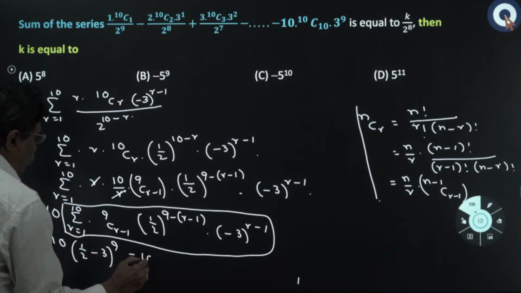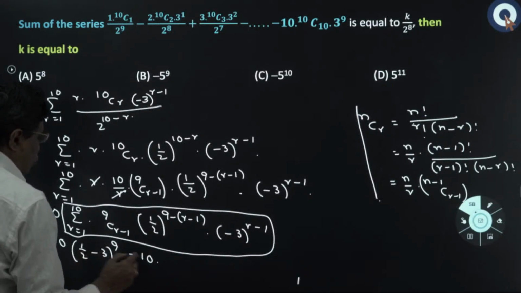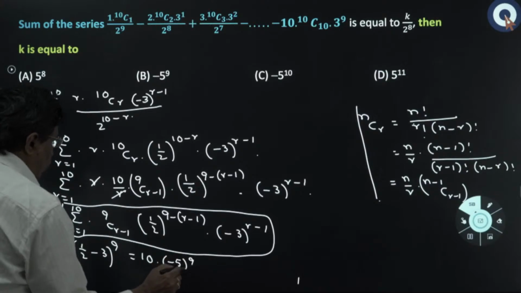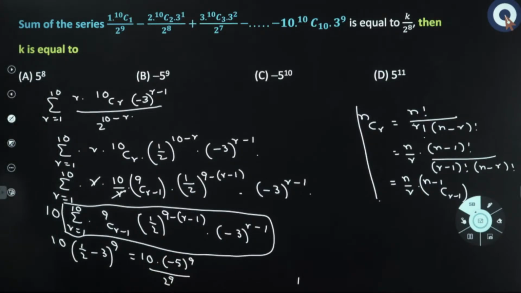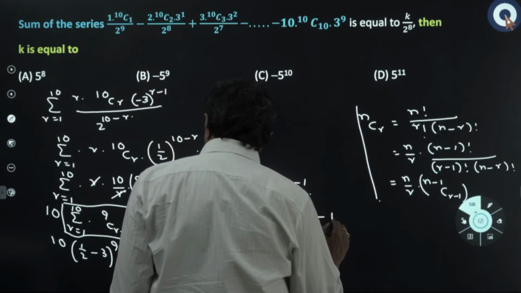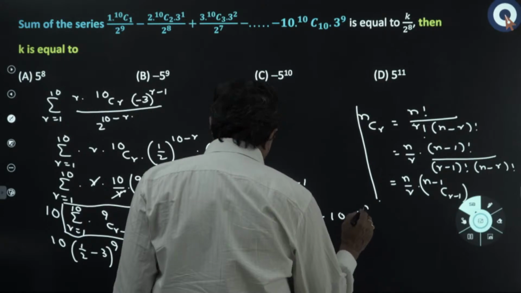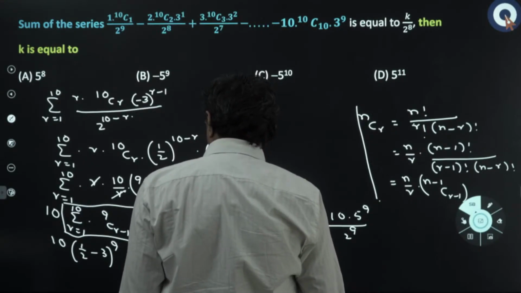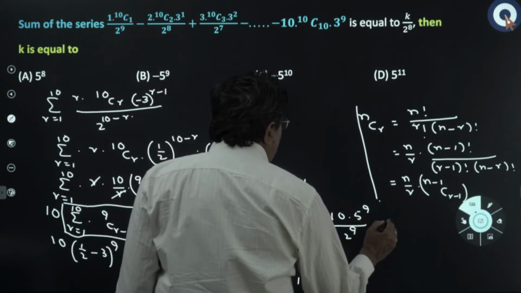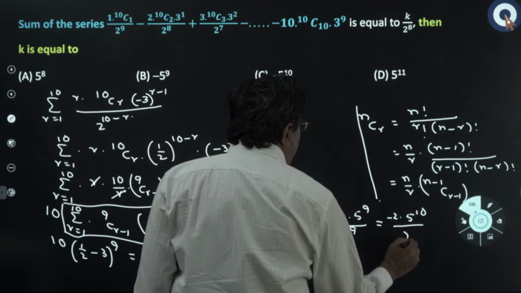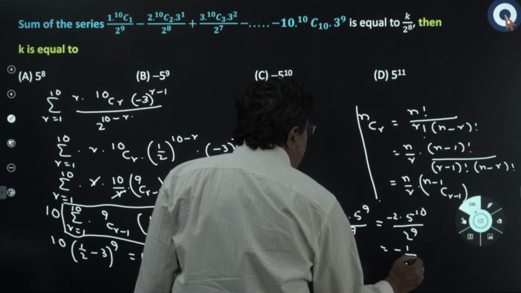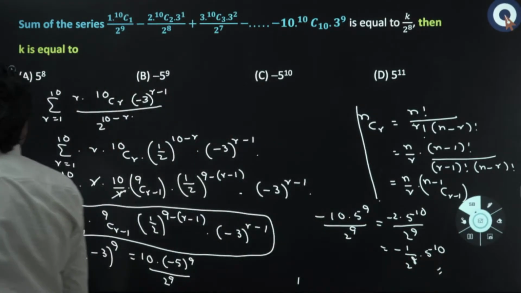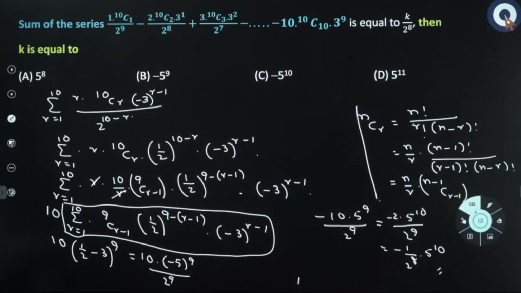So this is 10 into (1 minus 6) minus 5 whole power 9 by 2 power 9, which is minus 10 into 5 power 9 by 2 power 9, which is minus 2 into 5 power 10 by 2 power 9, which is minus 1 by 2 power 8 into 5 power 10. This is what we get.